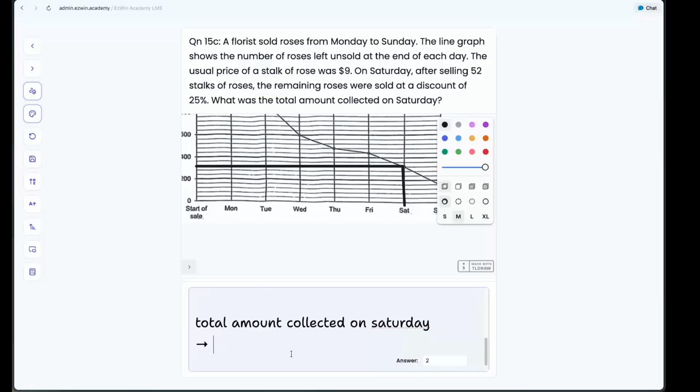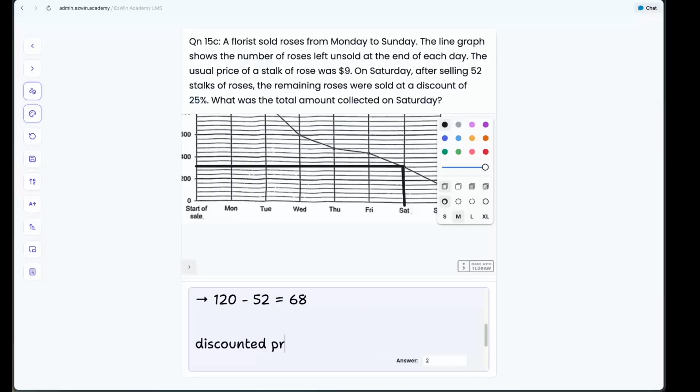So the total amount collected on Saturday is 52 times 9 plus the discounted price. For the discount of 25%, the discounted price in percentage is 100 minus 25, which gives us 75%.